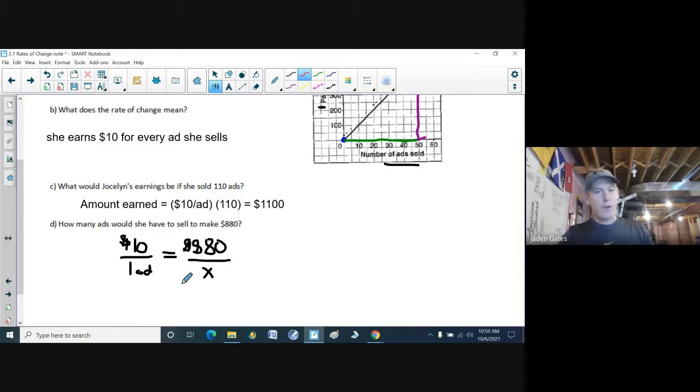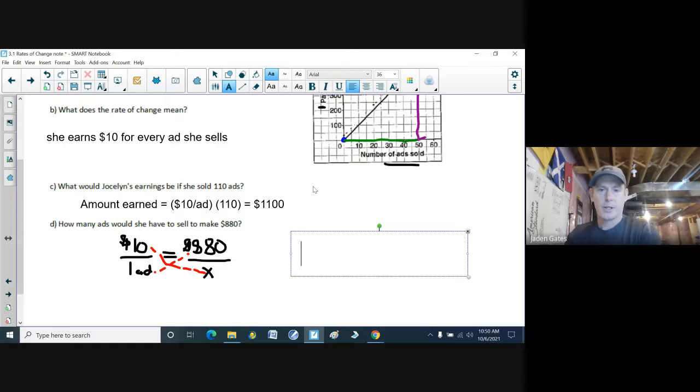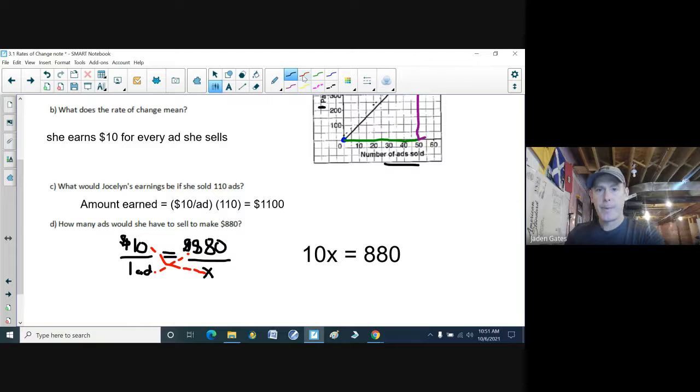And so, well, we have a fraction equaling a fraction. So cross multiply. Done that a bunch. And so I've got, let's see here, 10 times X is 10X. And then I've got 880 times 1. Well, that's just 880. Now I want to get X by itself. It's attached, so the only way I can get rid of that 10 is to divide it off.